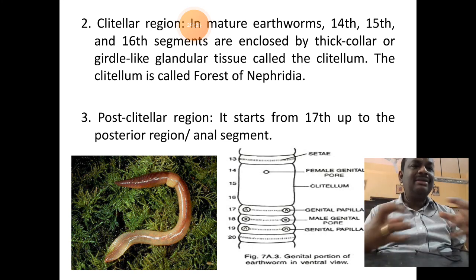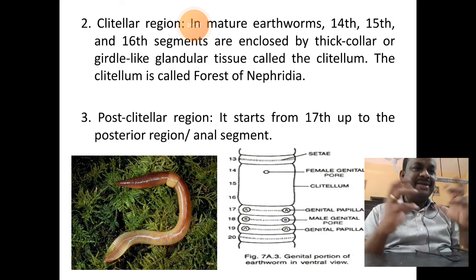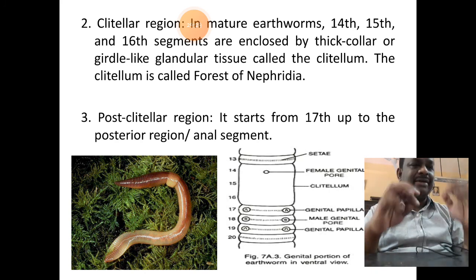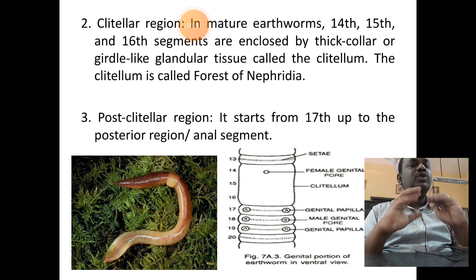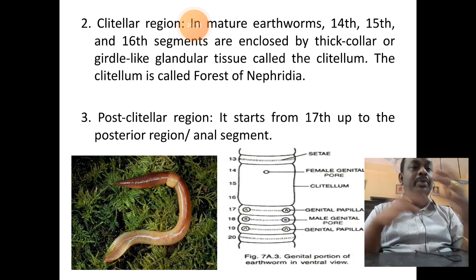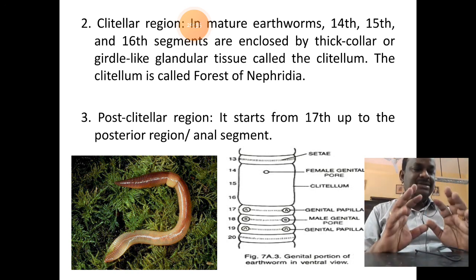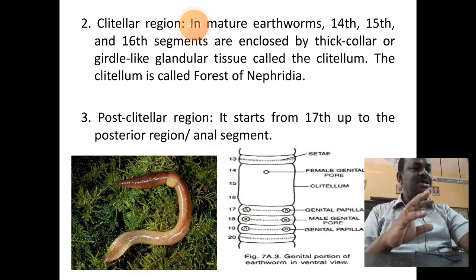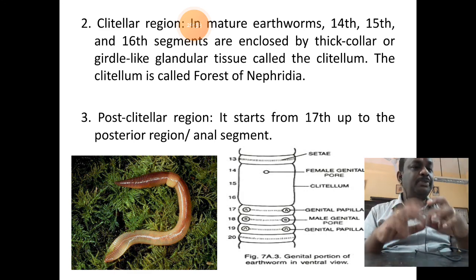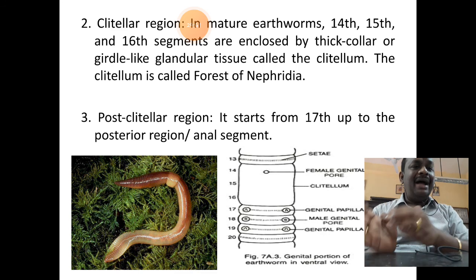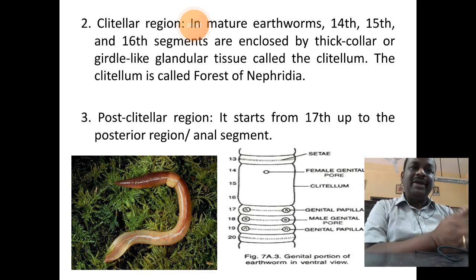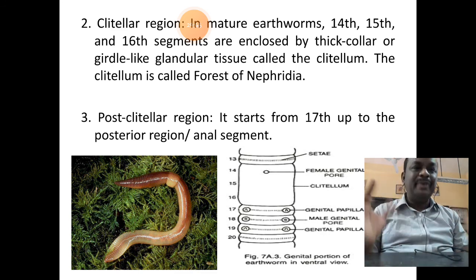So, we know that the Clitellum is highly glandular, highly secretory in function. So, to carry out the activity of the Clitellum, more energy is utilized. So, metabolism is also high, and ultimately the excretory products formed at this location are also very high.